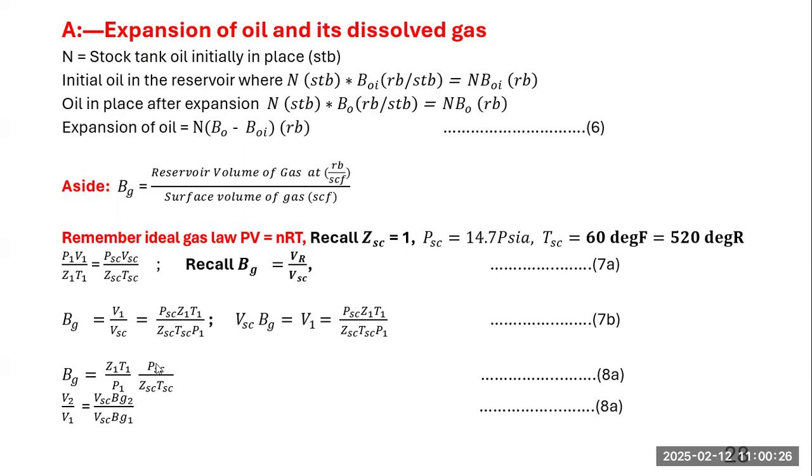So in essence, you can slot in the PSC, ZSC, TSC, okay, to obtain the value that you have here. Then you'll be given your Z, your T, and your P in order to calculate your BG. So it shows the relationship between your BG and your ideal gas law.